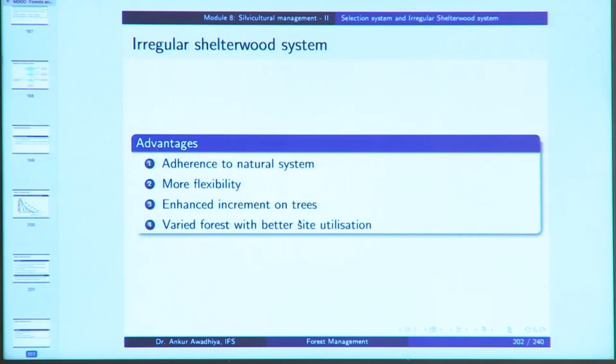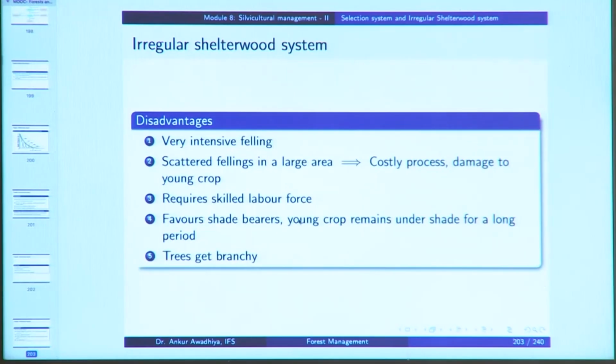Advantages: there is adherence to natural system, more flexibility, more increment, varied forest with better site utilization, but the disadvantages are that there is very intensive felling. Scattered fellings in a large area leads to a costly process. There is a regular damage to the young crop, requires skilled labor force, favors the shade bearers, young crop remains under shade for a long time, and the trees may get branchy.